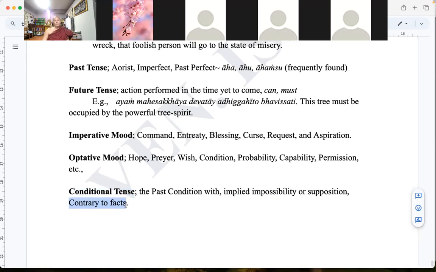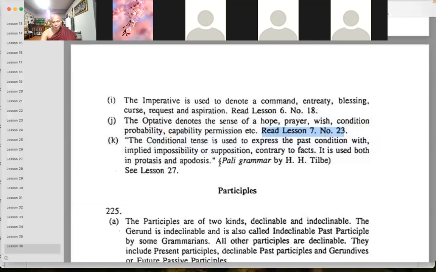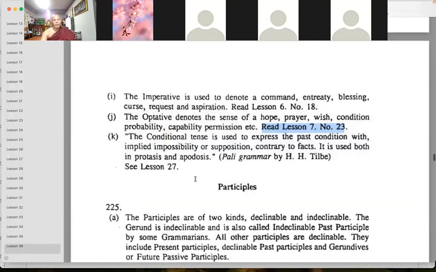So if someone tried hard, he could be successful, he would be successful, but no, now he failed. That one also was completed already. We have learned in lesson 27, so you can see lesson 27 again.